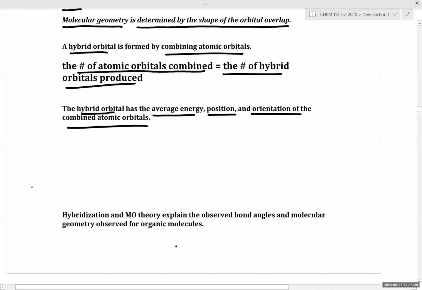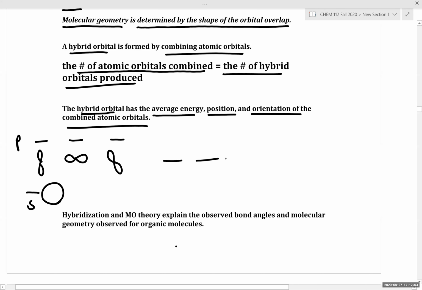So, for example, when we combine an s orbital, which is lower in energy and spherical shaped, and we hybridize it with p orbitals, which have a characteristic dumbbell shape and are higher in energy, in the end, your resulting hybrid orbitals will have the average energy of an s orbital and 3 p orbitals.